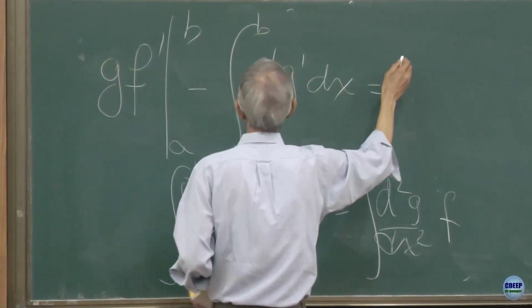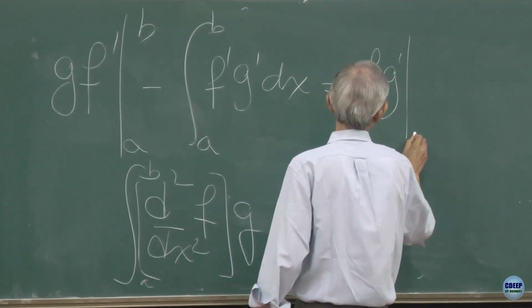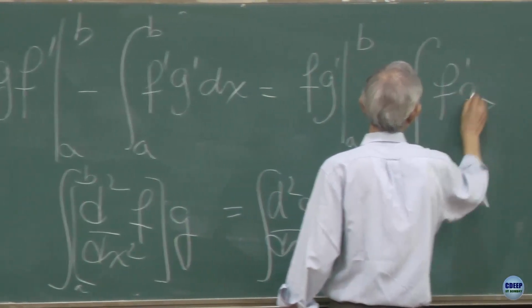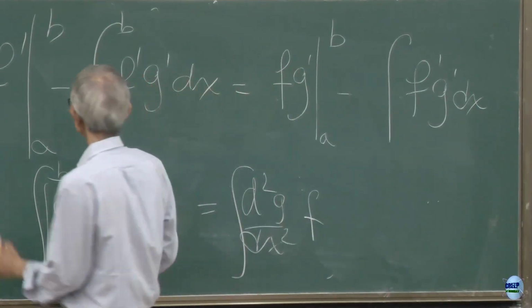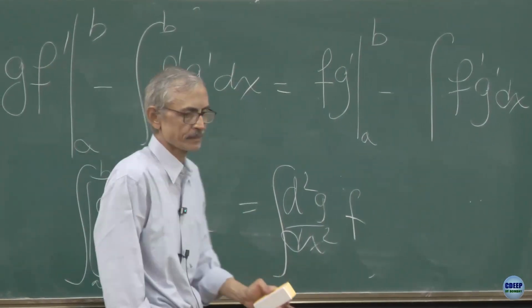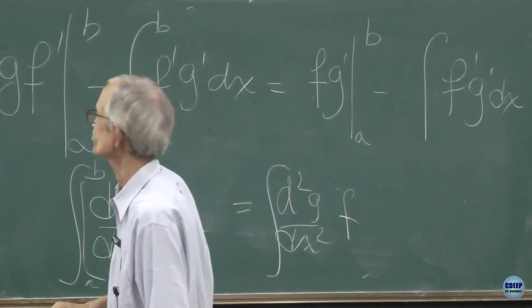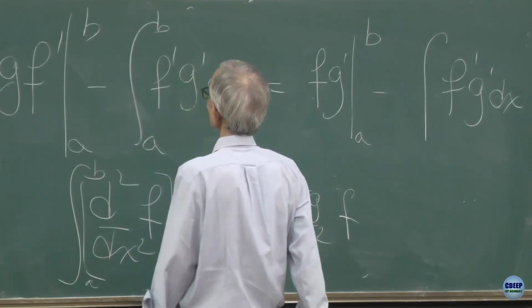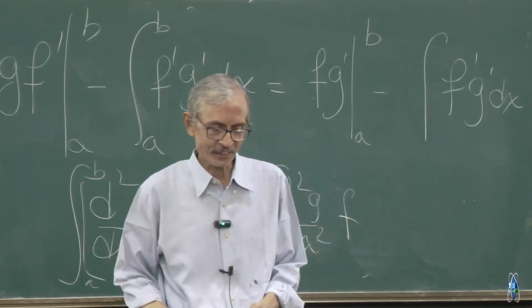If you do this, you will get f g prime between a and b minus the integral of f prime g prime dx. So if this condition is going to be satisfied, then this operator which we have used, d square dx square, is going to be a self-adjoint operator.